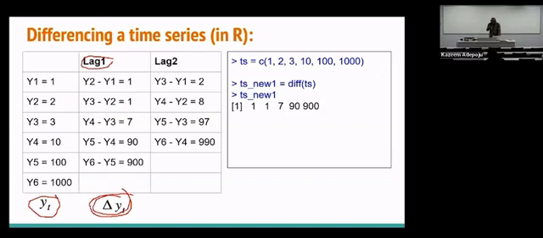When you see that delta, it means differencing at lag 1. Does that make sense? That is what we mean by delta YT. So the 11, 79, 0, 900 right now are no longer YT, but delta YT.